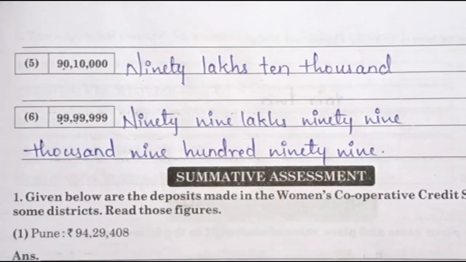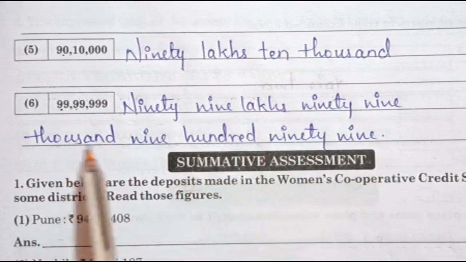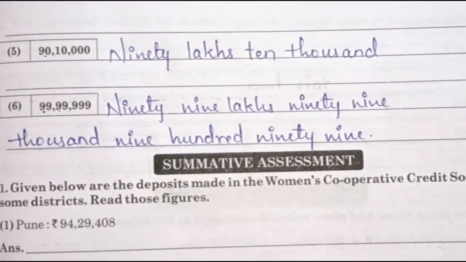Clear how we are going to solve this? Sixth one, that is 99 lakhs 99,999. Is that clear? Okay.